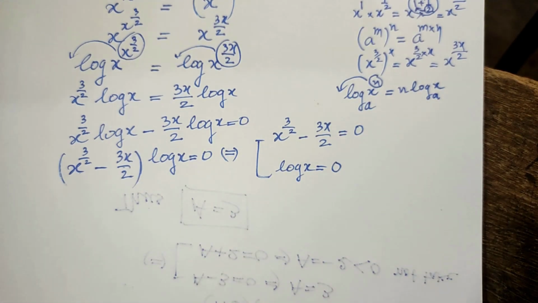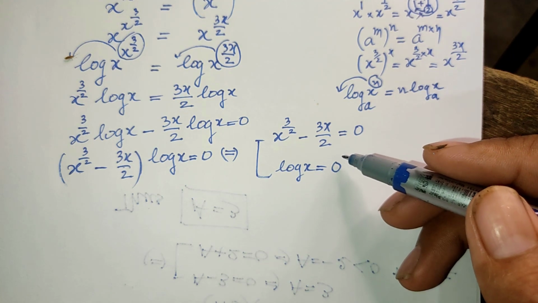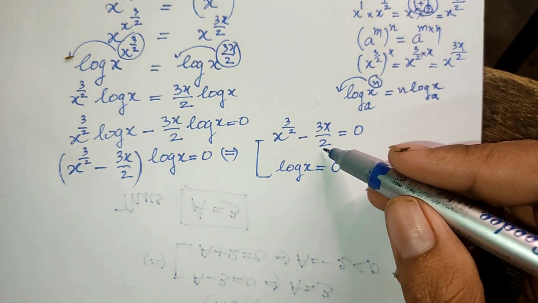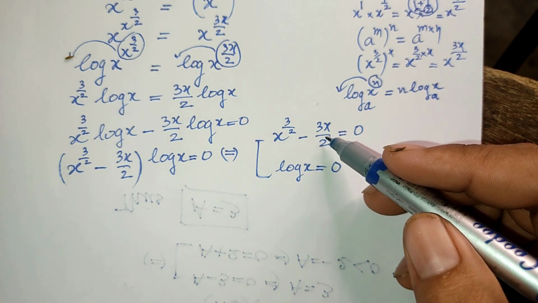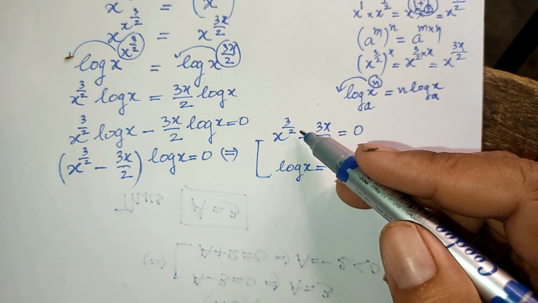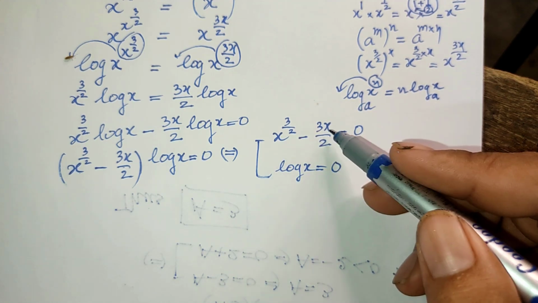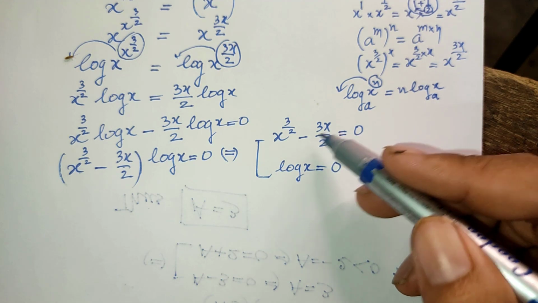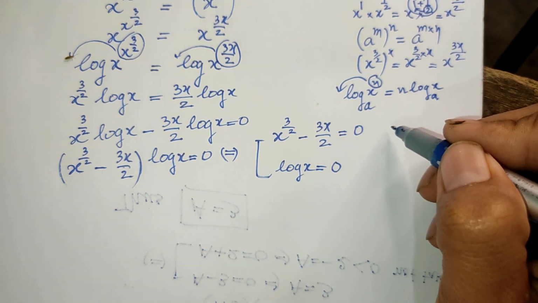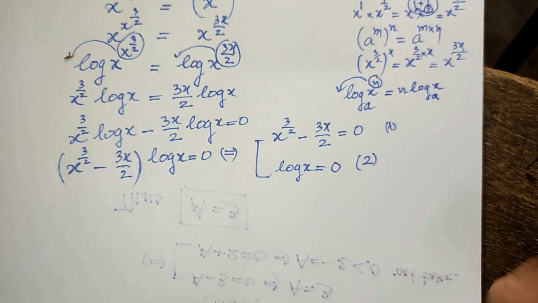Okay, now we must solve these two equations: the first equation is h power 3 divided by 2 minus 3h divided by 2 equal to 0, and now the second equation.